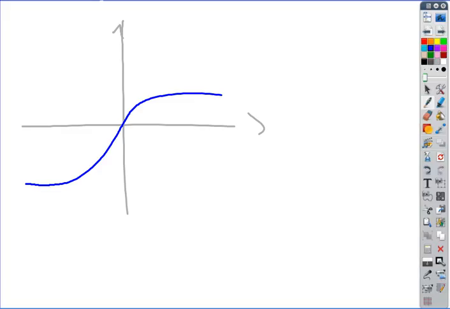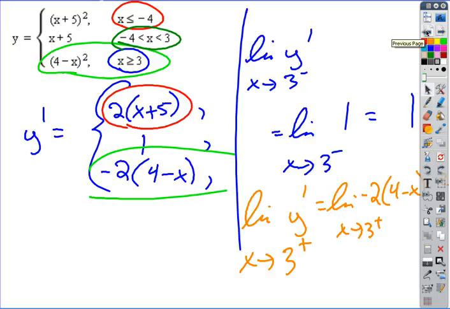We can see in our function, if we took the time, that nowhere is this function vertical. These are all just either parabolas or lines, so it's never going to be vertical, but there's something else. Now let me say the question again.